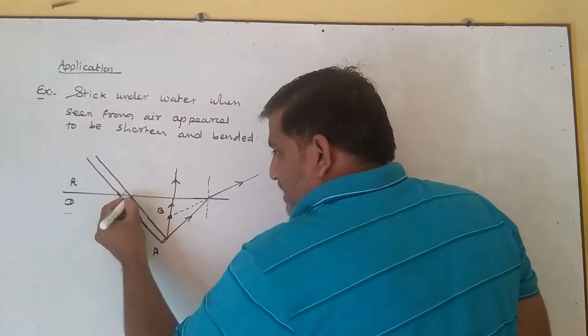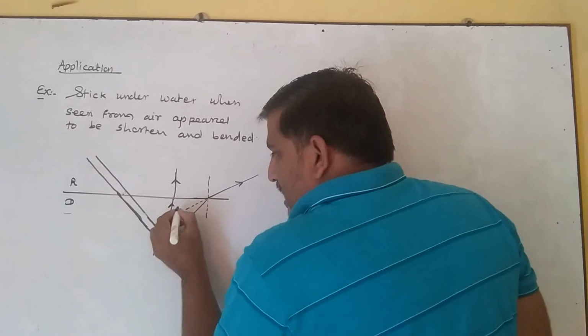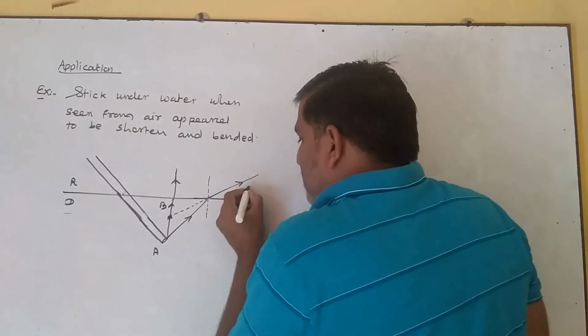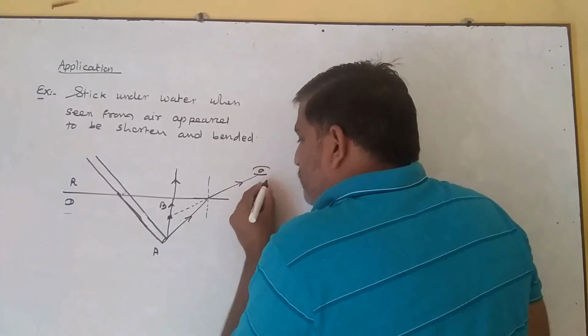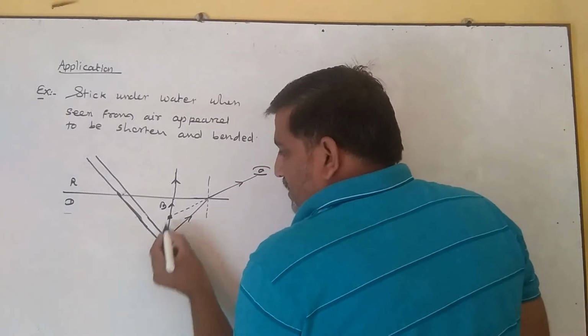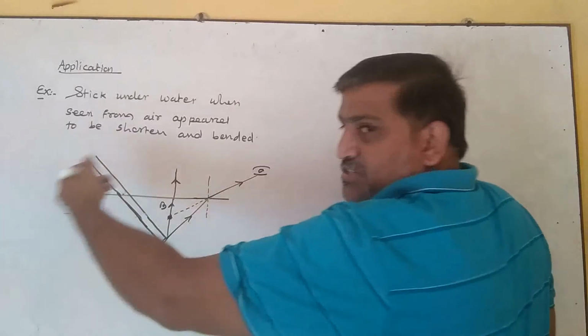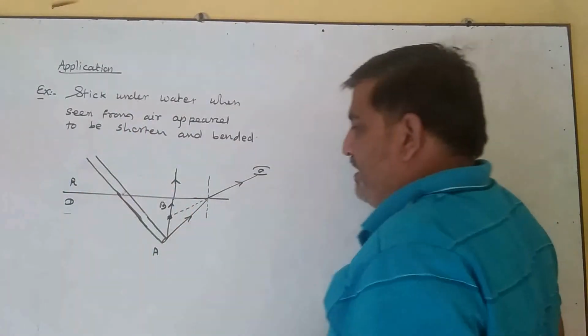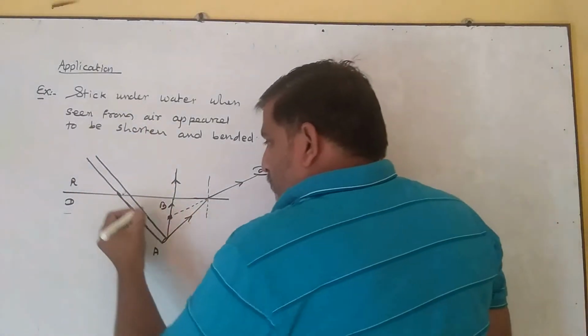We should actually see the point A, but as we see from the rarer medium to the denser medium, the position of the point A goes to B, which I just discussed with you in the first case, right? Now what do we find over here?